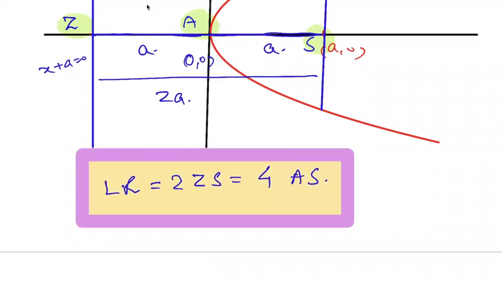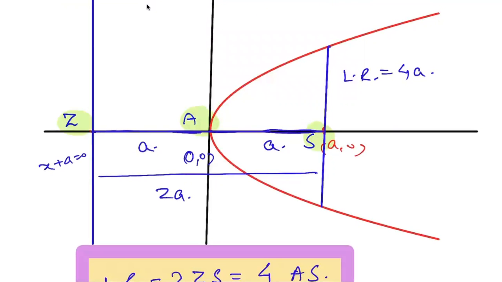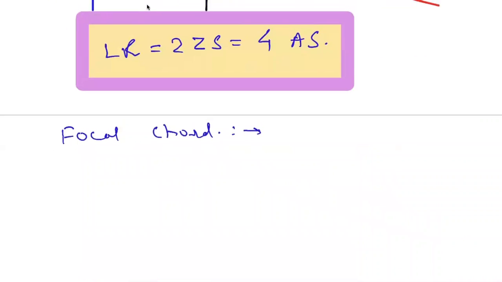These two points, a comma 2a and a comma minus 2a, are known as the endpoints of LR, or latus rectum.